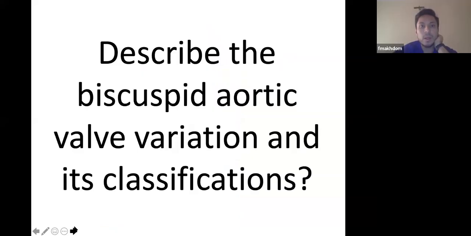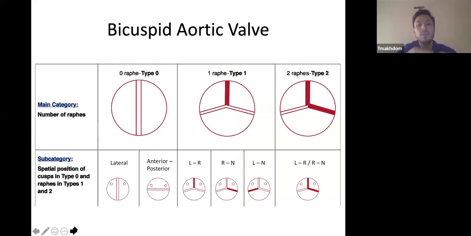Okay, so again, also the bicuspid valve variation can be named. This is a very common question in the exam. I think you should be familiar with it and know it by name. All the severity classification Mazen has mentioned, you should be familiar with that.